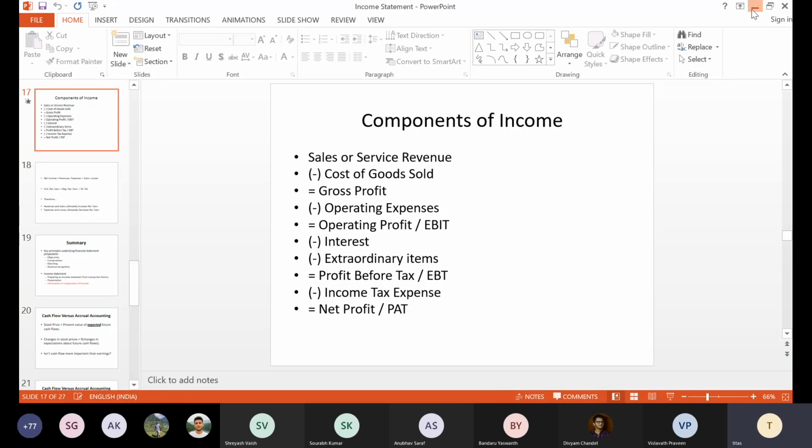We can have extraordinary gain also, and extraordinary loss also. If you search for extraordinary items, you will find extraordinary gains or losses in a company's financial statements that are infrequent and unusual. Okay, so those are the extraordinary expenses.